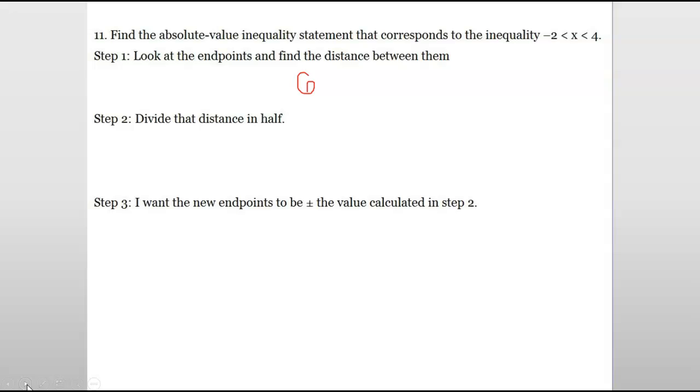Then what we're going to do is divide that distance in half, making it 3. Then we want to look for the new endpoints to be plus or minus the value calculated in step 2. So what that means is you're going to either pick to add or subtract 3.